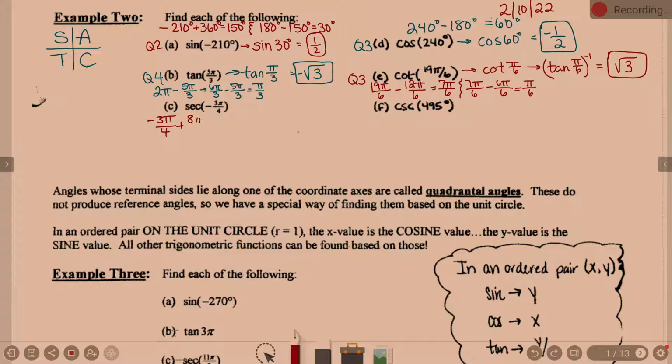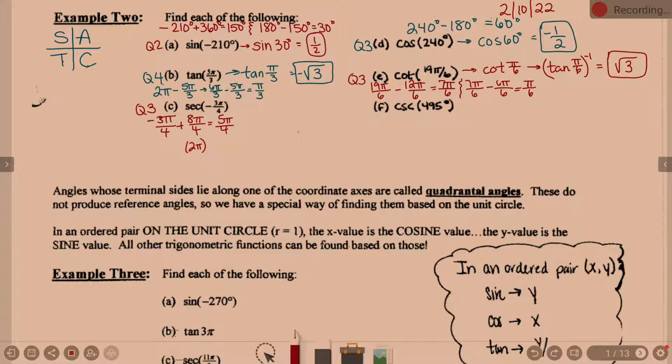Yeah, 8 pi over 4. So negative 3 pi over 4 plus 8 pi over 4 is 5 pi over 4. That's a coterminal name. Now, if we look at 5 pi over 4, I'm now going up and around, and notice I'm still over here in quadrant 3, aren't I? So we need to know that we are in quadrant 3.